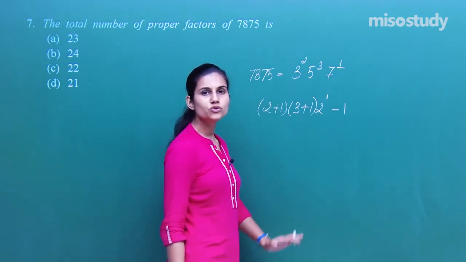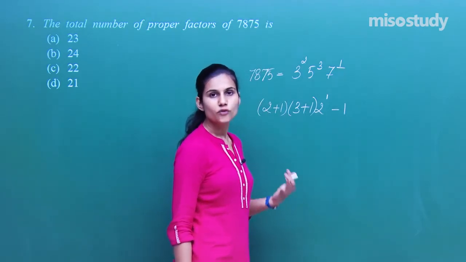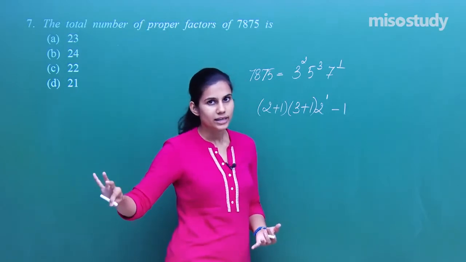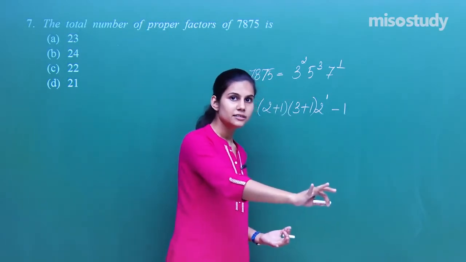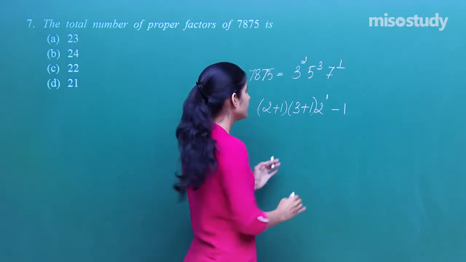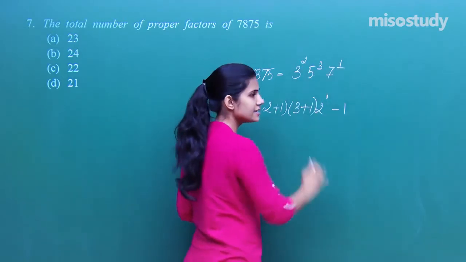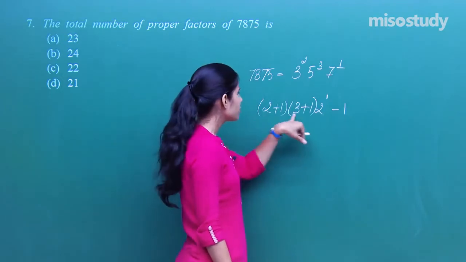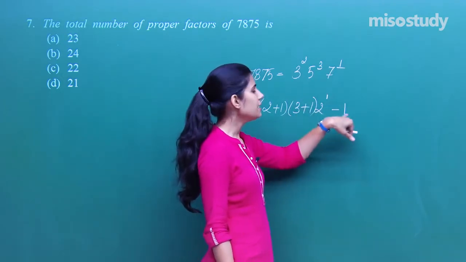That is how you can choose one or more objects from the available P objects of one kind, Q objects of the other kind, and N rest of them distinct objects. So here I have this as P, this as Q and this as N. So that is P plus 1 into Q plus 1 into 2 to the power N minus 1.